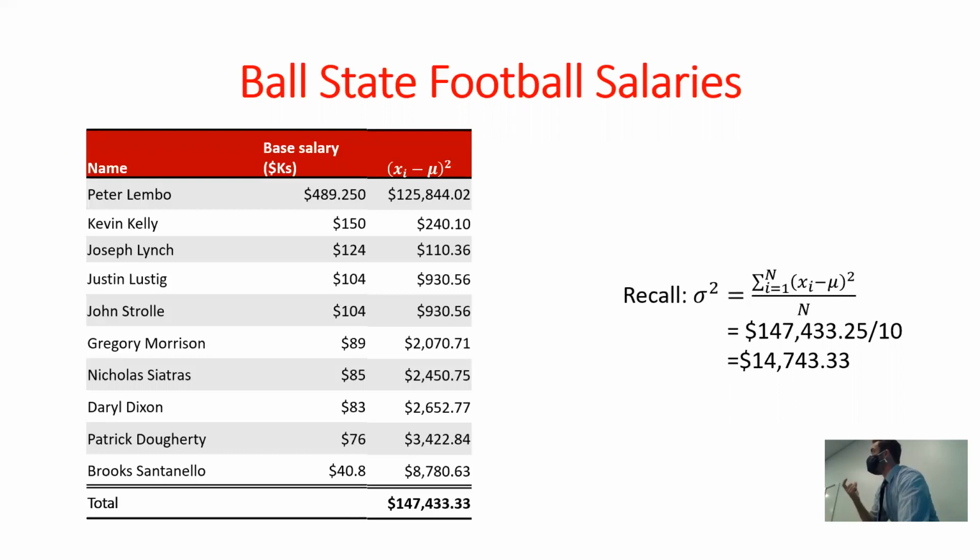Well, the deviation from the mean would be 0. So let's say this guy right here made exactly 134.5 thousand. When I subtract 134.5 from that, it would be 0. When I square that, it's 0. And he would add nothing to the variance because he wasn't far away from that measure of central tendency, right?